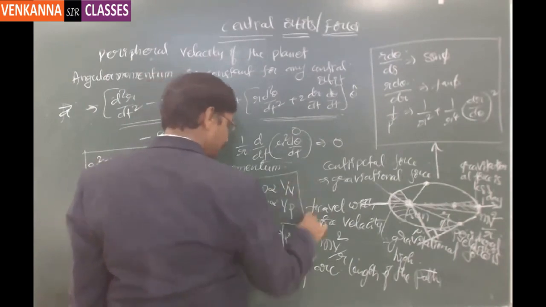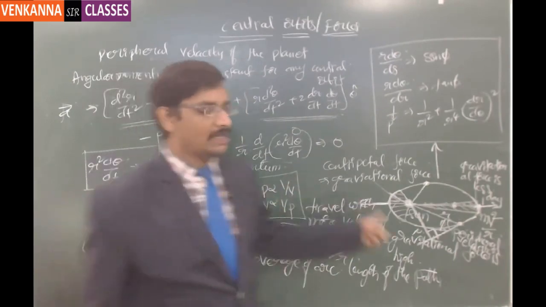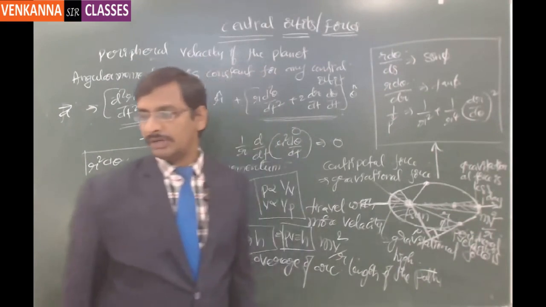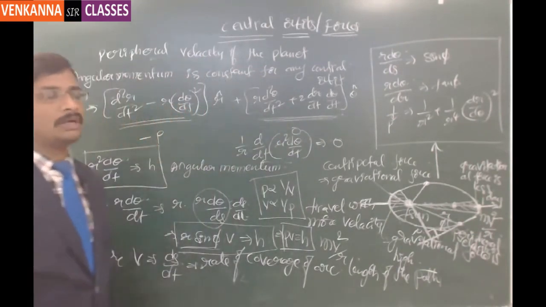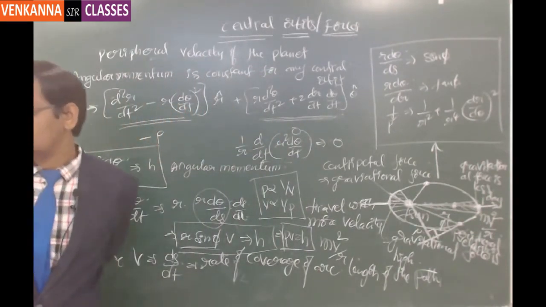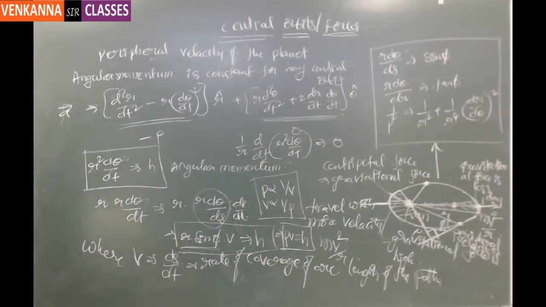This is the simple relation which binds the planet velocity. Got it? I hope you understood this concept. Do you have any questions on this?